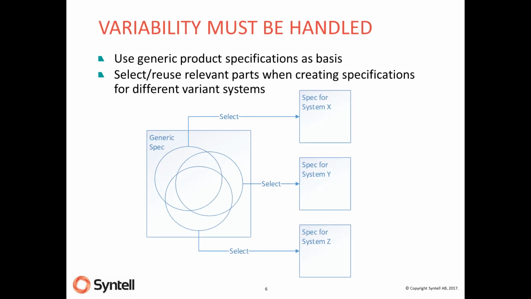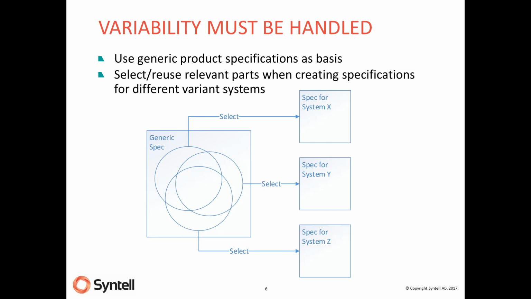One of the most crucial aspects to handle is variability. Your product line will typically provide a set of generic specifications to reuse from. Reusable requirements, test cases, design information, and so on. The specifications of a certain variant system would then include a subset of this reusable data.